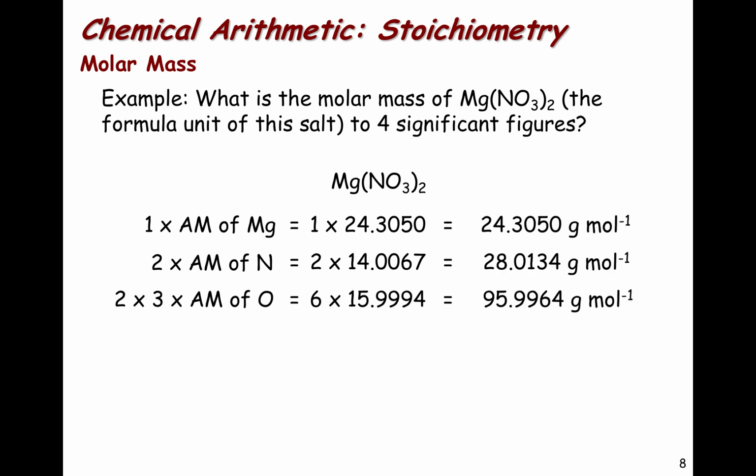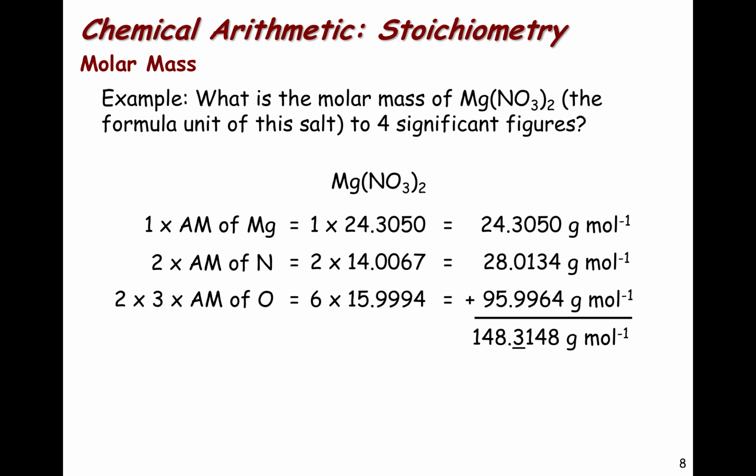This gives us a total for each of the elements, and taking into account all of the significant digits that you get for the atomic masses from the periodic table, we can then add those together, and this provides us with a value of 148.3148. But of course, we wish to do this calculation with only 4 significant digits.